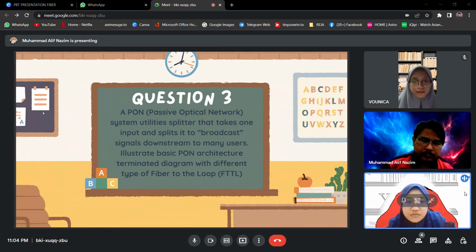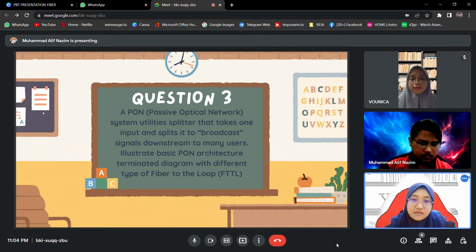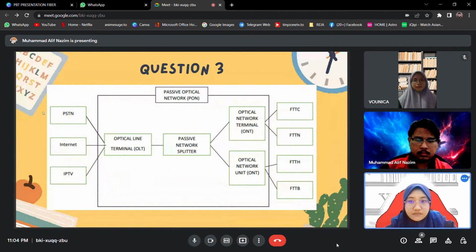A PON, which is a passive optical network system, uses a splitter that takes one input and splits it into a broadcast signal downstream to many users. Illustrate basic PON architecture. Label the diagram with different types of fiber to the loop, FTTx. So this is a PON architecture diagram.